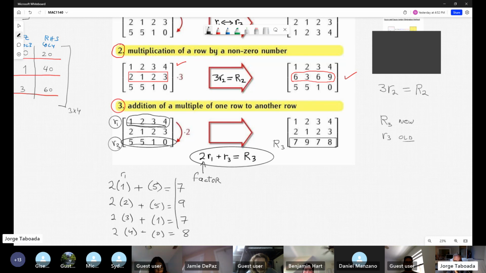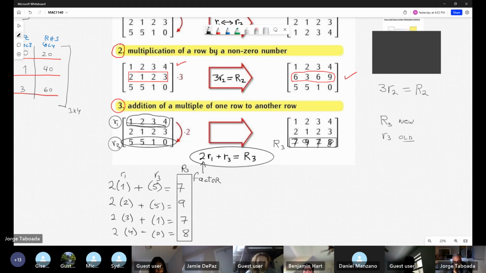And you copy these numbers, 7, 9, 7, and 8, into the new matrix after the row operation procedure. This is R3, and this is capital R3. More clear now? Okay, say something.